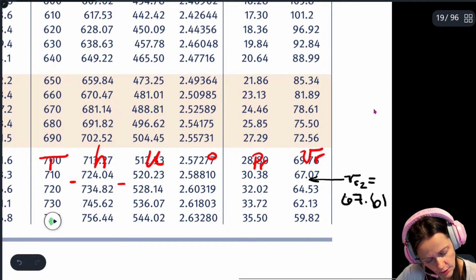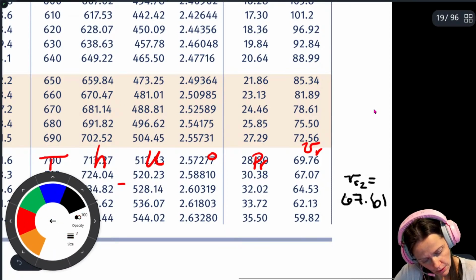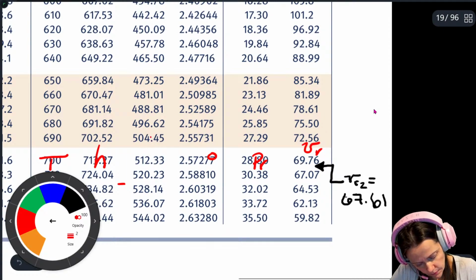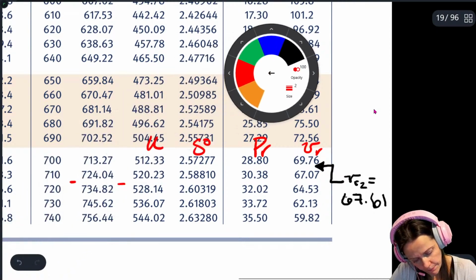Actually, I think, just looking at it now, and I'm sorry, 67.61, that would be a little above, wouldn't it? That'd be right there. Okay.